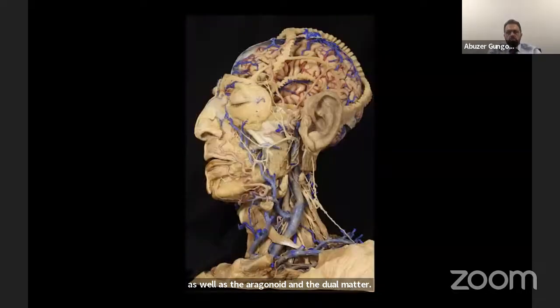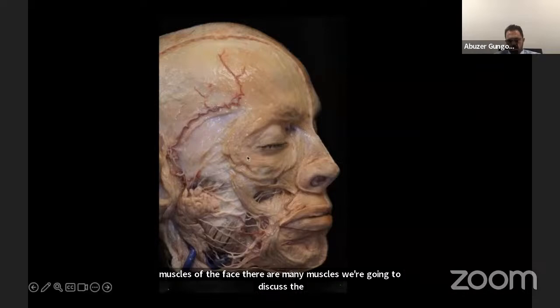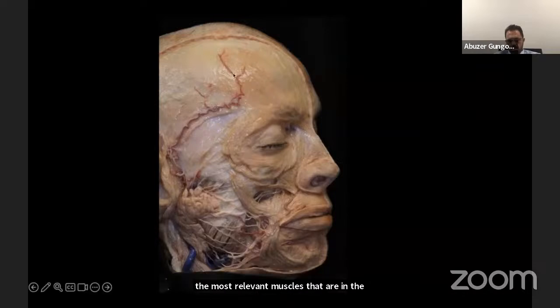Now we're going to start with some notes, journal notes about the facial anatomy. The muscles of the face, there are many muscles. We're going to discuss the most relevant muscles that are in the superficial plane. This is the frontalis belly of the fronto-occipitalis muscle.